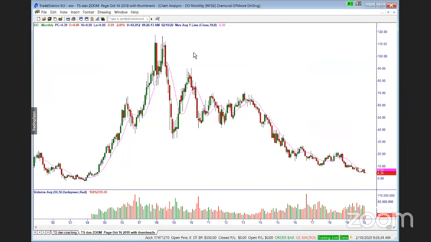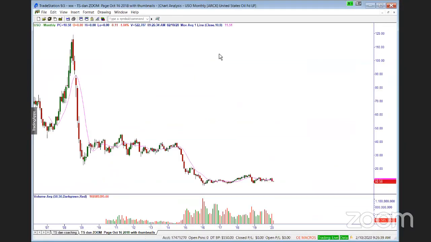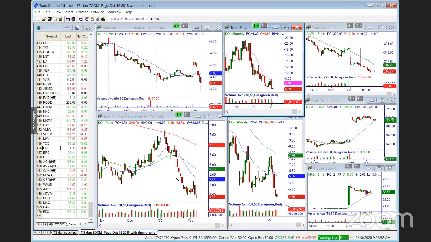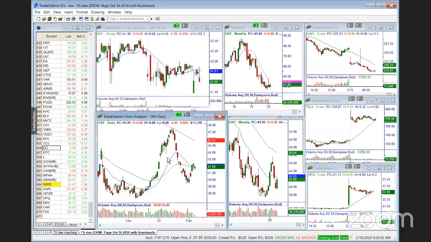I guess that's when oil spiked to 150, right? Yeah, right here, 7 and 8. Well, whatever it was, I think crude got up to like 146. So DO looks horrible. I do have Oxy on my watch list. It's stronger than a bunch of others.